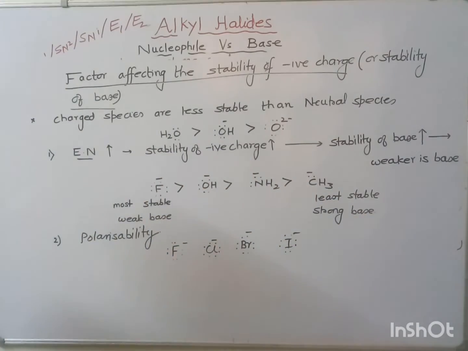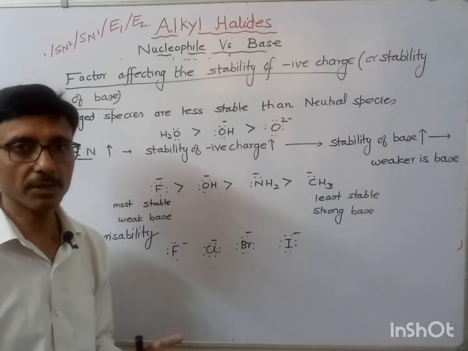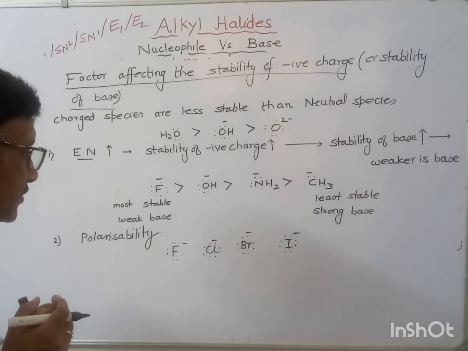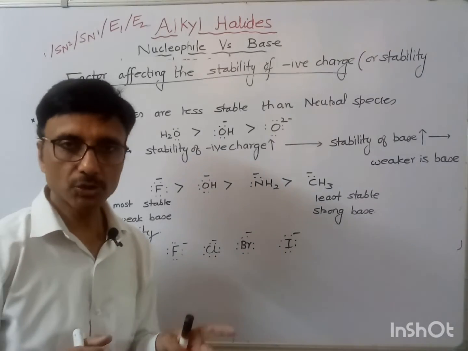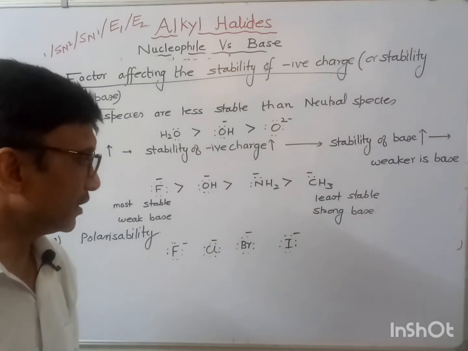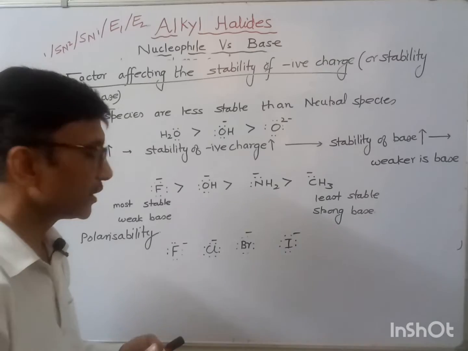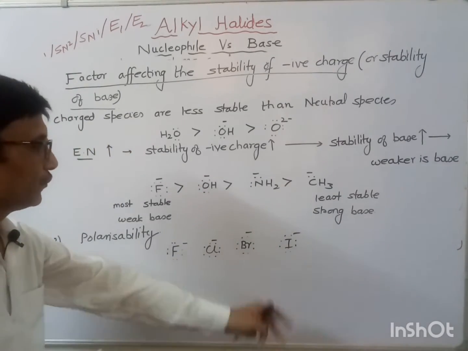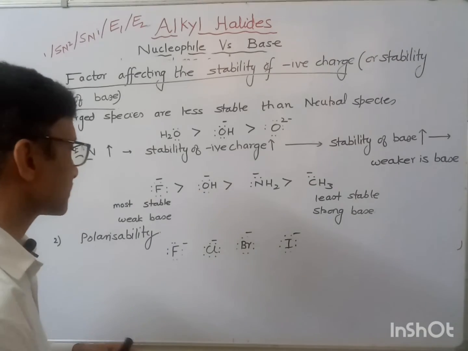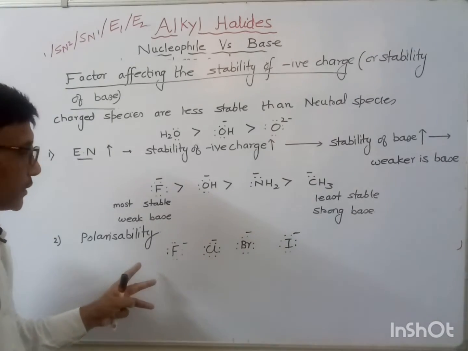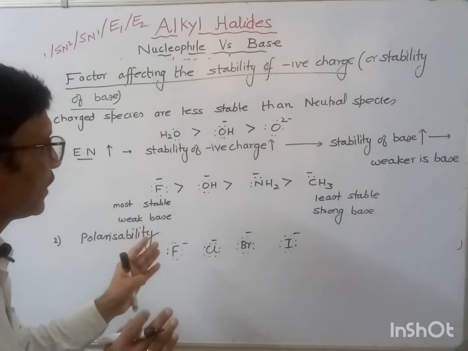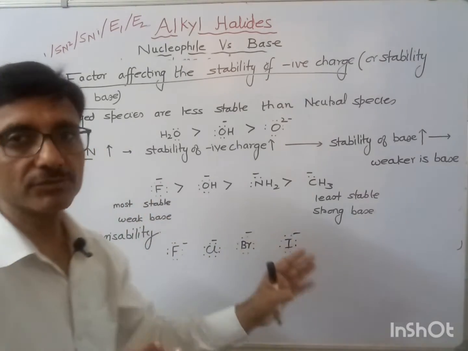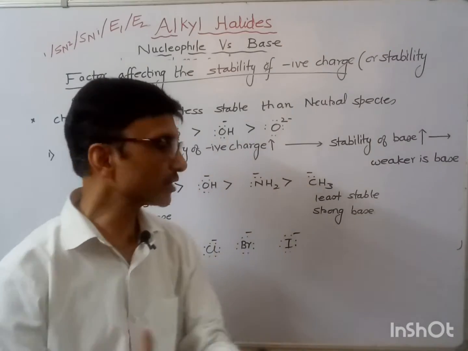Now, out of these, which is most stable, or which will act as the weakest base? Which is able to form a strong bond with a proton, that is the strong base? Polarizability means we have to see where the negative charge is much more neutralized.